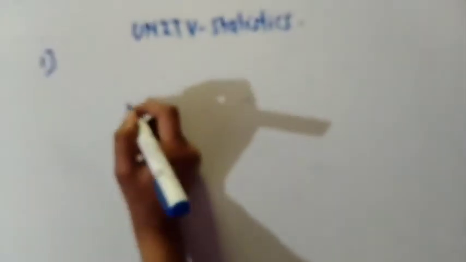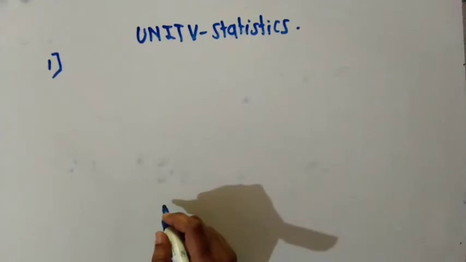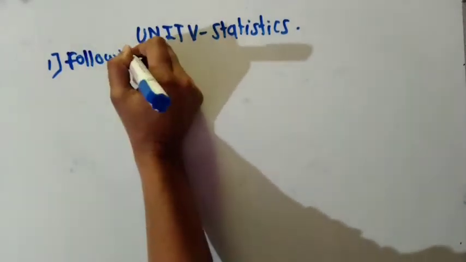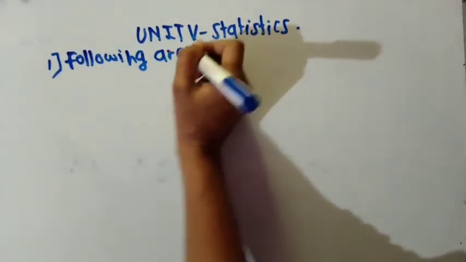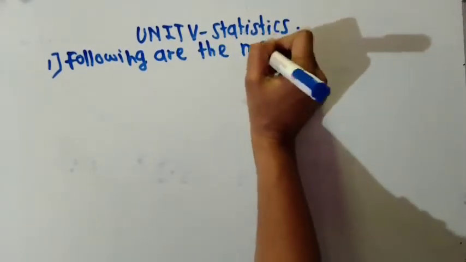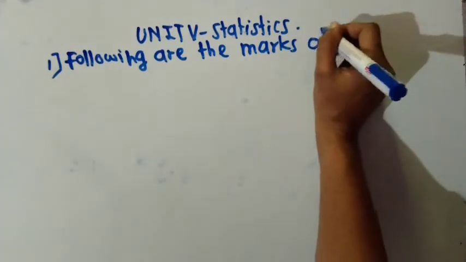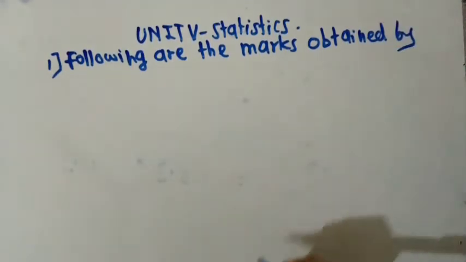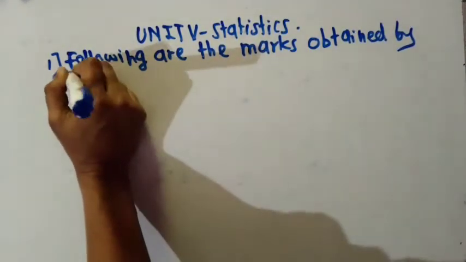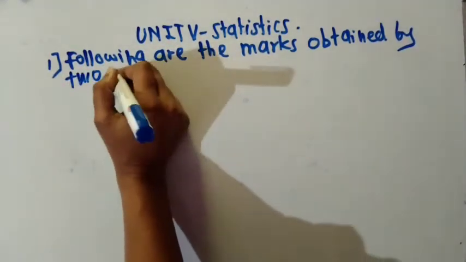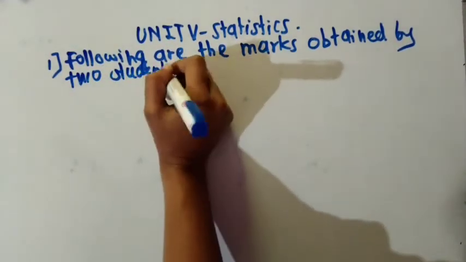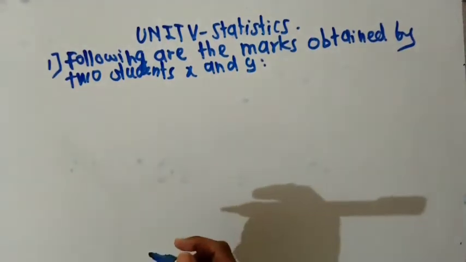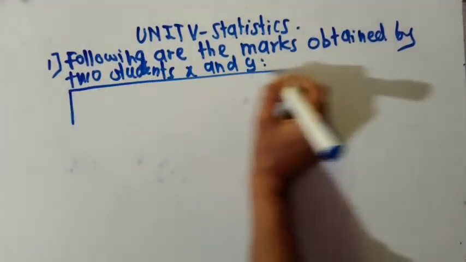Here, the first example is the following: these are the marks obtained by two students, X and Y. So there are two columns.